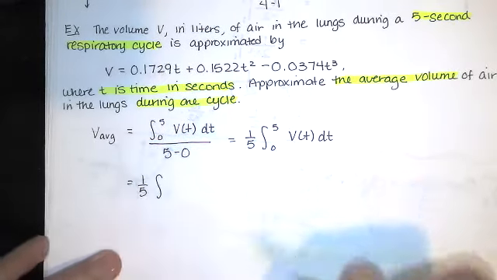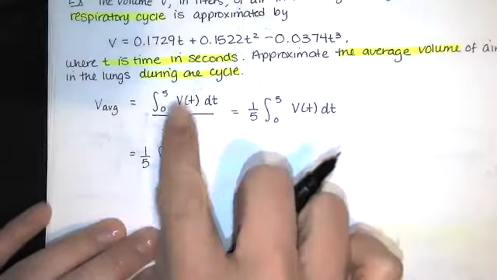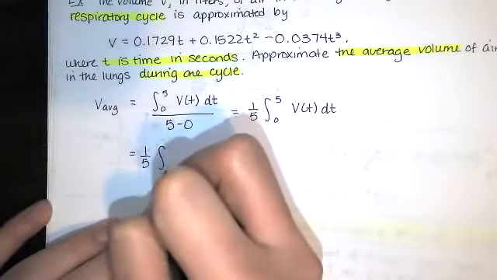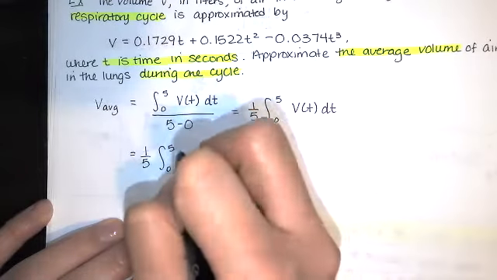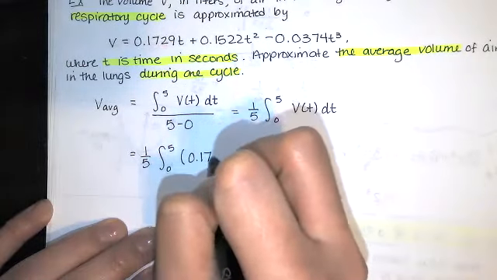So I will write that down. I've used my average value formula. I've simplified it. And now I want to substitute in my v of t. Volume is a function of time. It's right there.